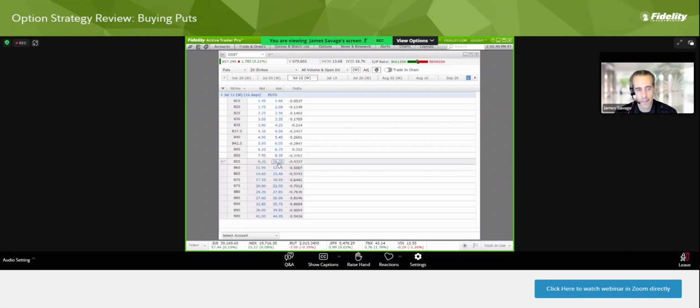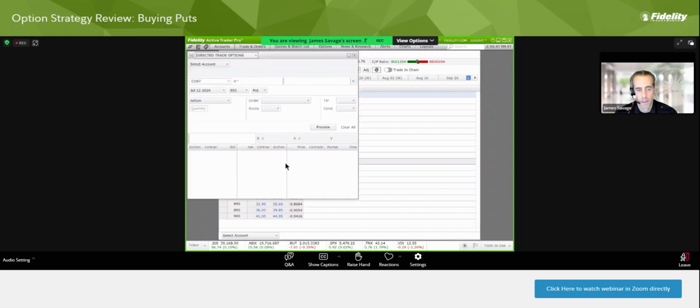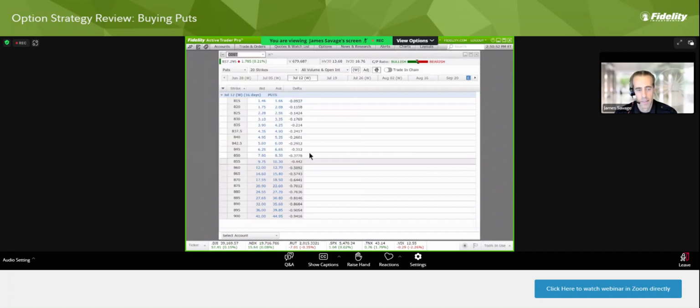And what this is telling us with Costco at 857, if we were to buy this 855, which is the closest contract that is at the money, we would spend $10.30.